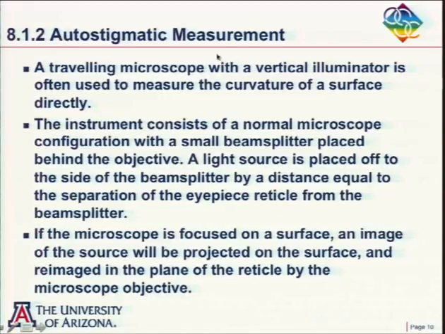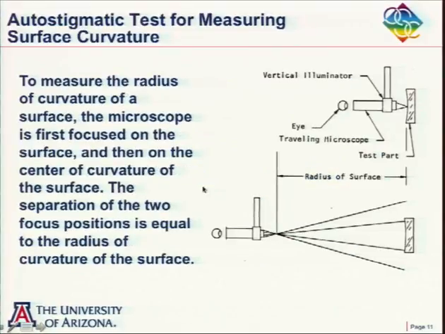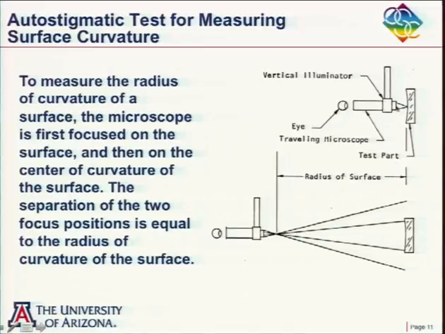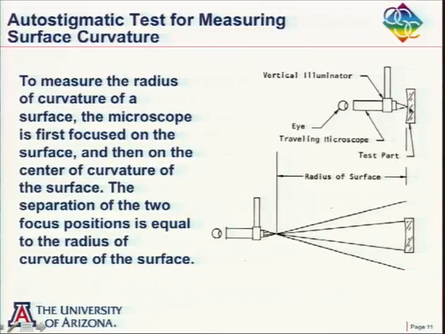The autostigmatic measurement. I'll come back to this page, but let's just look at a diagram here. So what we're doing, we have some type of traveling microscope here. And we're looking into where we focus on the surface. And then we move this back here to where, so the light coming in here focused, we're seeing when it's focused on the surface.